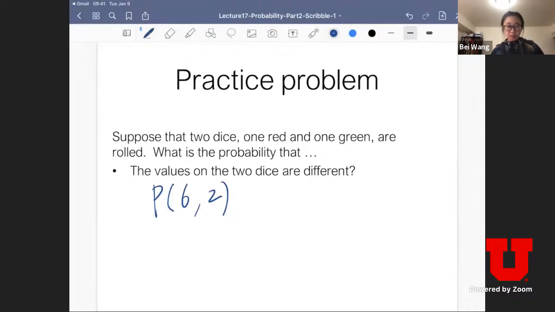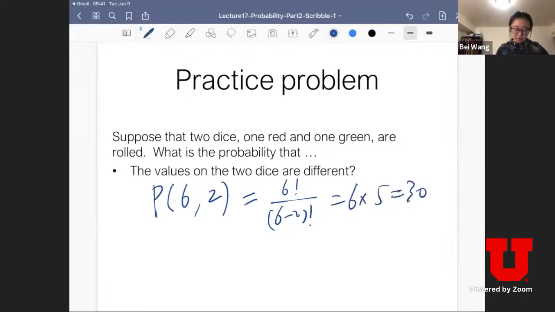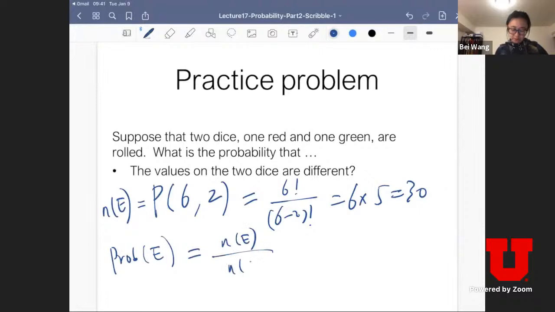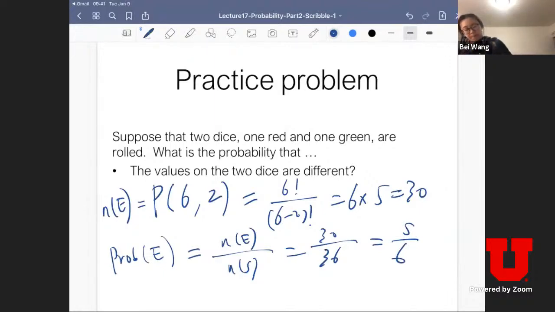So that is permutation of choosing 2 among 6 objects. Okay. So that is, of course, 6 factorial over (6 minus 2) factorial, which is 6 times 5, which is 30. And this is equal to the number of successful events. Now the probability of the event where the values on 2 dice are different is n of E over n of S, which is 30 over 36, which is 5 over 6. Okay. Right?